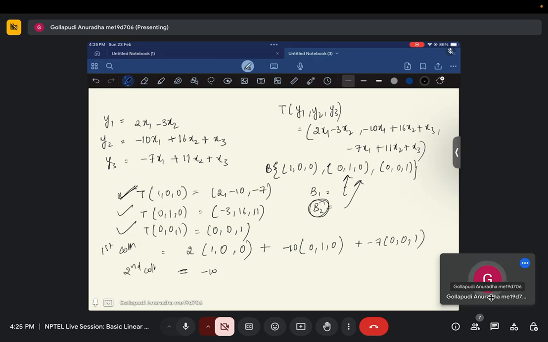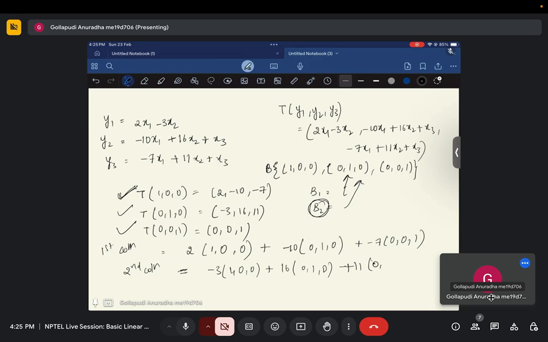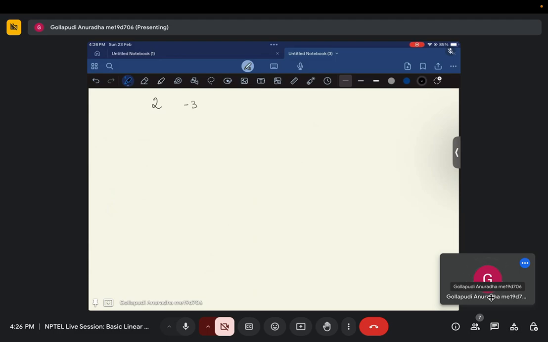And the second column will be what we are getting.